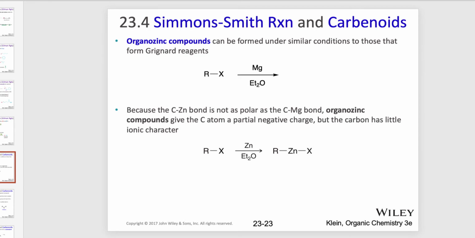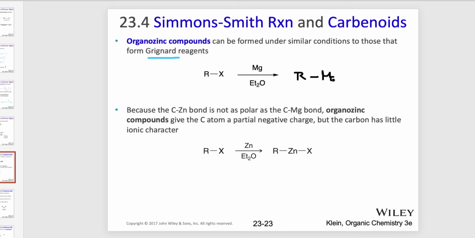And in this last section of chapter 23, we're discussing a few things about a named reaction, that is the Simmons-Smith reaction. We're now dealing with organozinc compounds, and they react very similarly to Grignard reagents in terms of the overall conversion. Remember that we had used organohalides to insert the magnesium into the carbon-halide bond.